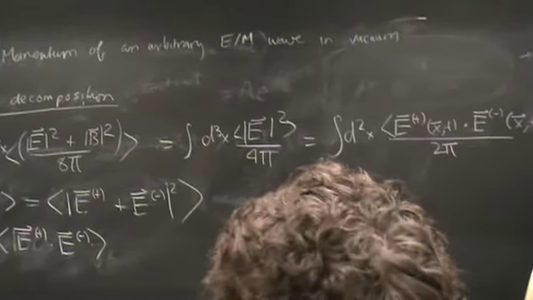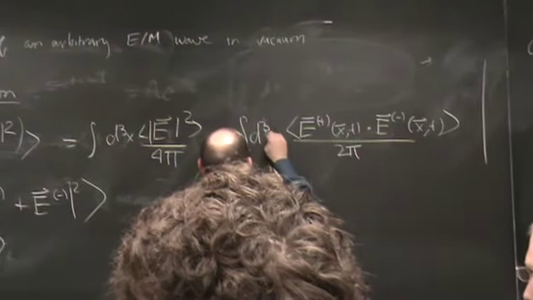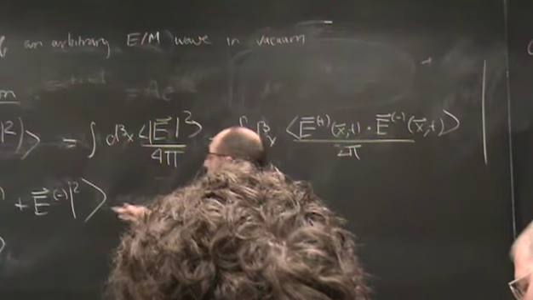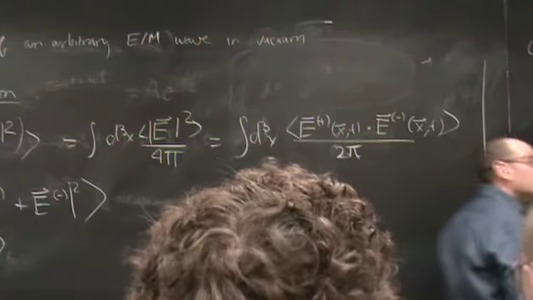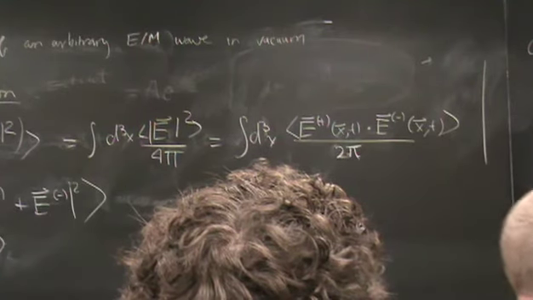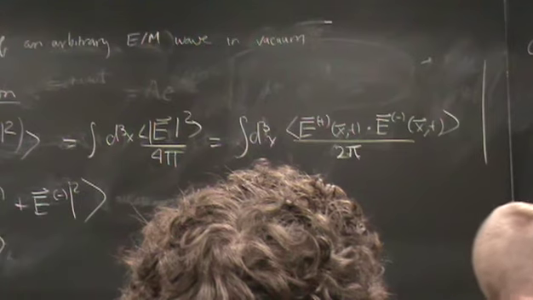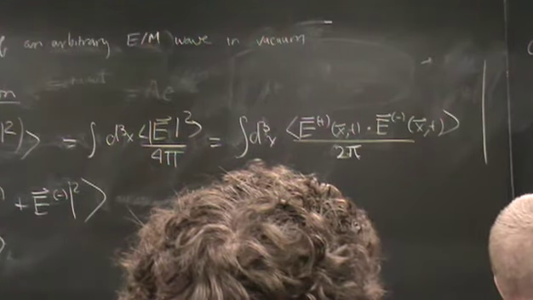You mean d3x? I do, thank you. And then I have 2 copies of that. When we were finding the magnitude squared of E plus, those are complex vectors, I think, so we have to put the complex conjugate on one of them.